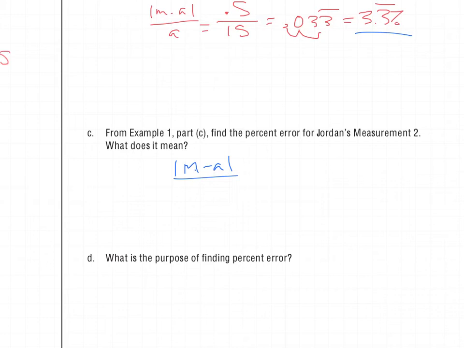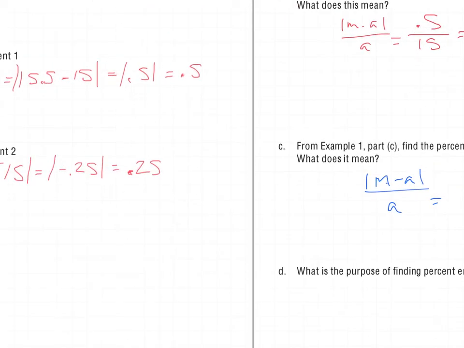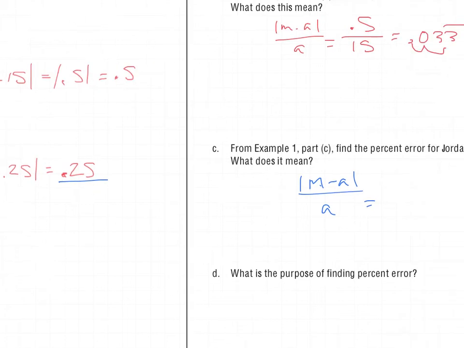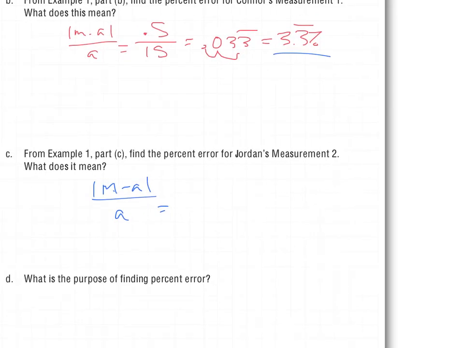Again, looking at measurement error, the error of his measurement, which we did already, came from here. We did that calculation, it was 0.25 divided by 15. And we've actually already done this calculation.